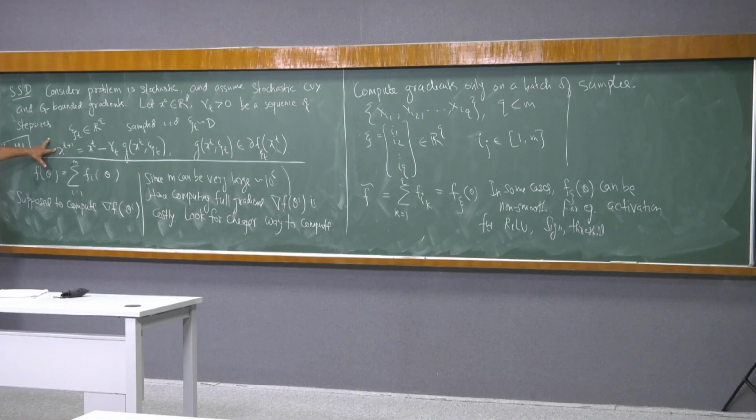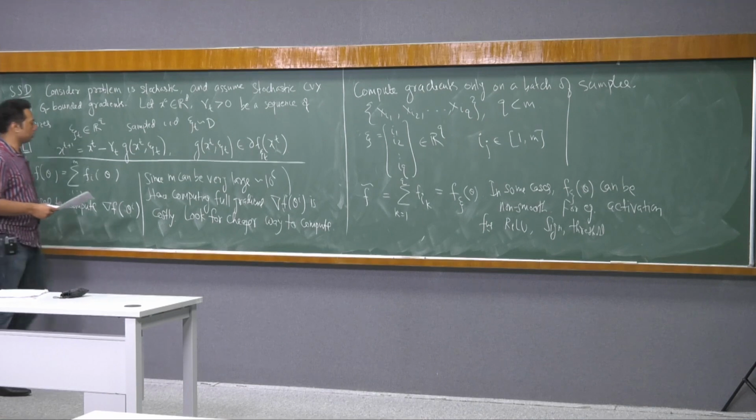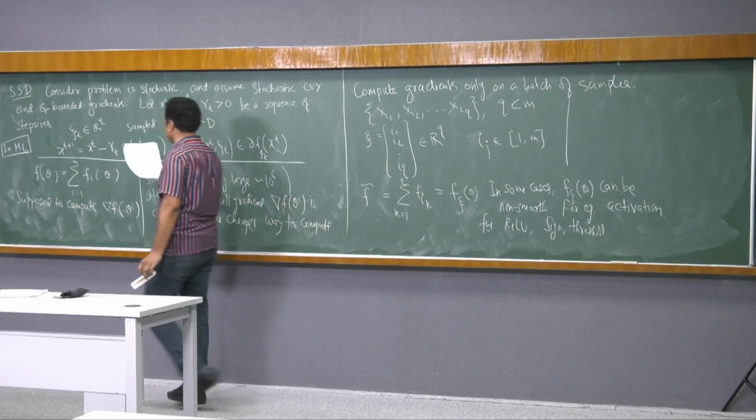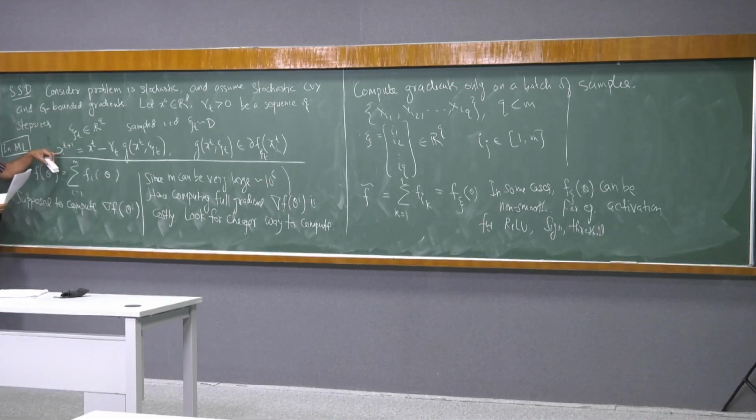Okay, so we will next do the proof that stochastic subgradient descent is convergent. Maybe I can use this because this algorithm is very simple to remember.